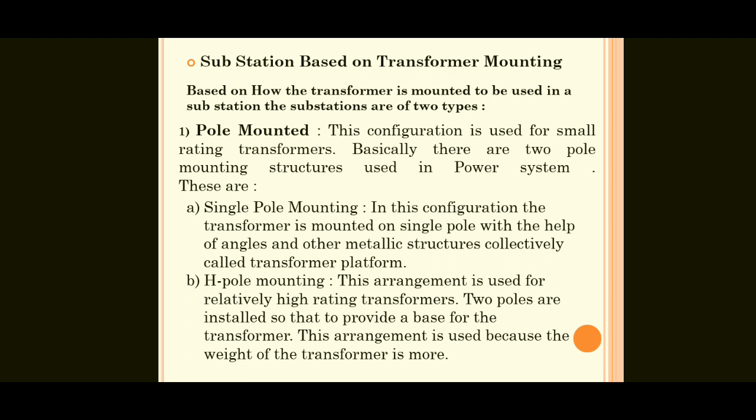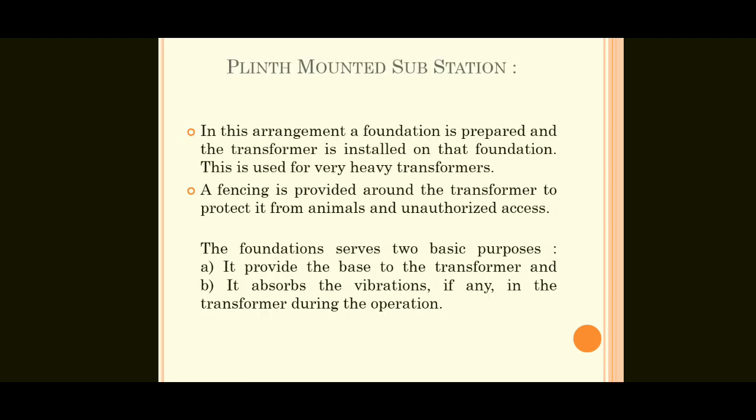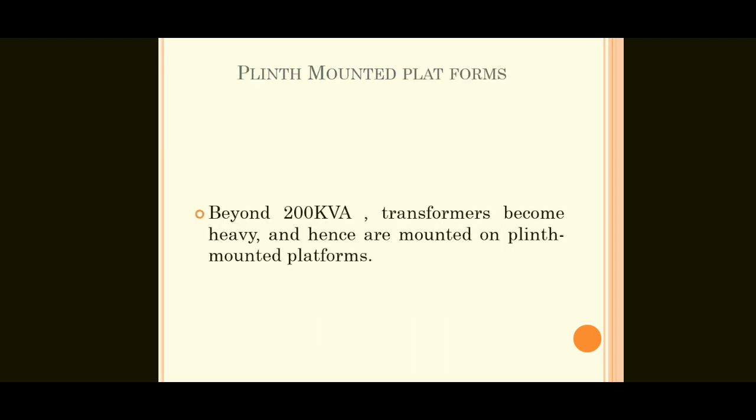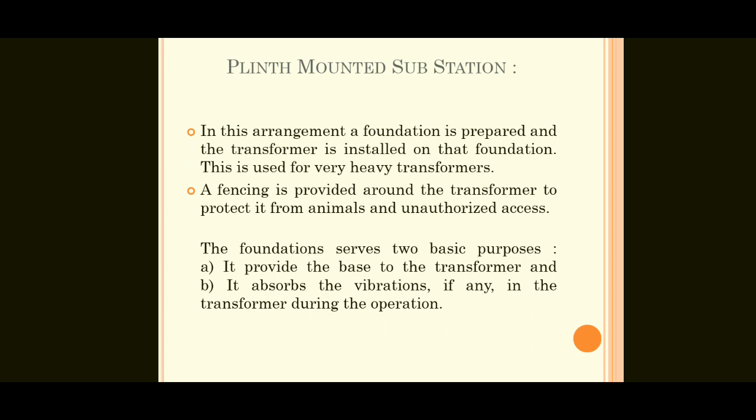Next, plinth mounted. Plinth mounted beyond 200 kVA. Plinth mounted substation is placed on one base, and around this base one fencing is provided to protect from animals and various hazards and unauthorized access.